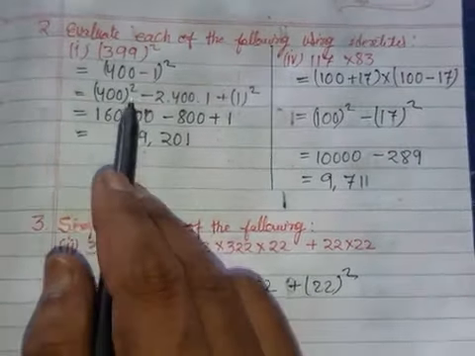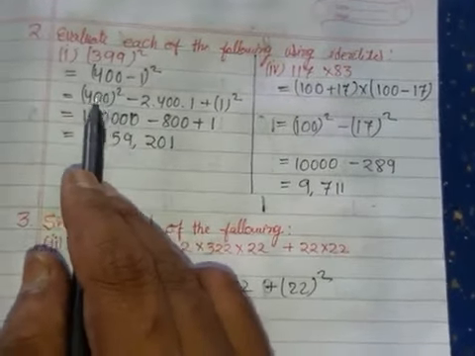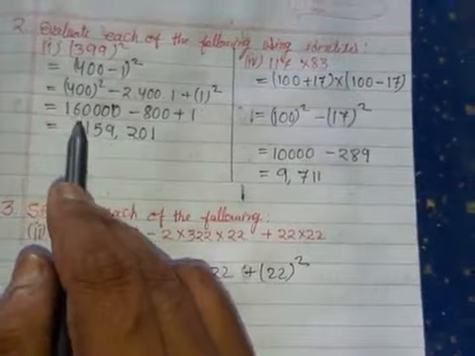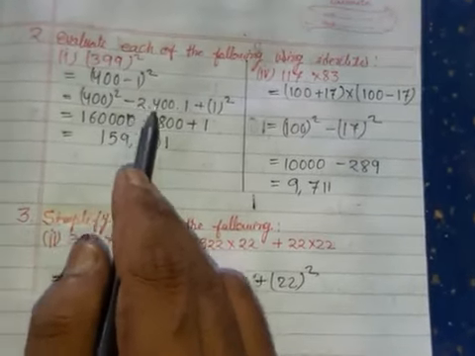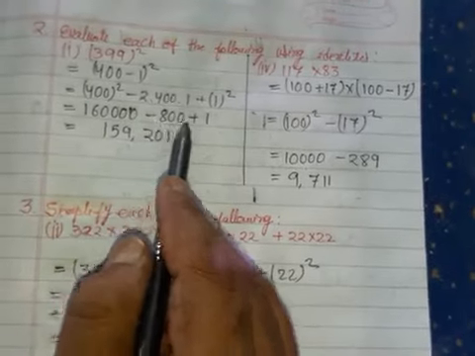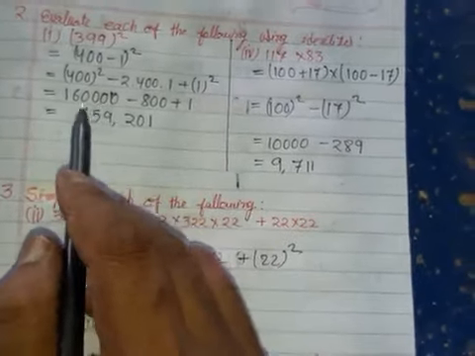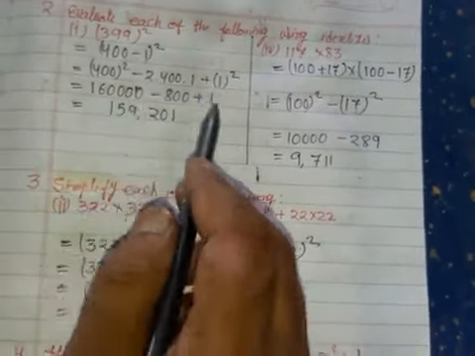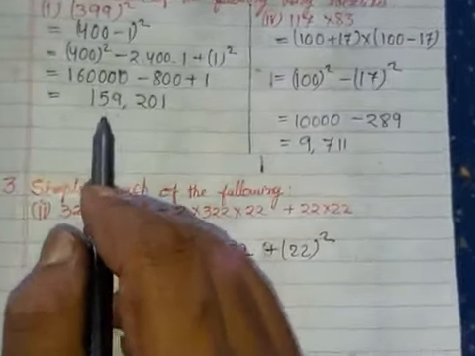Now what is the square of 400? You just write the square of 4, which is 16, and here 2 zeros, so write 4 zeros. Now 2 into 400 into 1 means 800, plus the square of 1 is 1, so 160,000 plus 1 minus 800 gives this one.